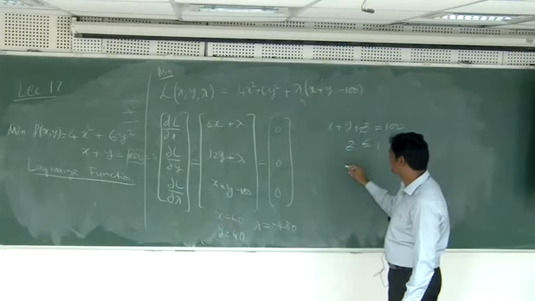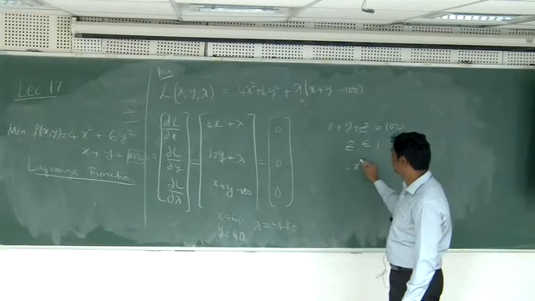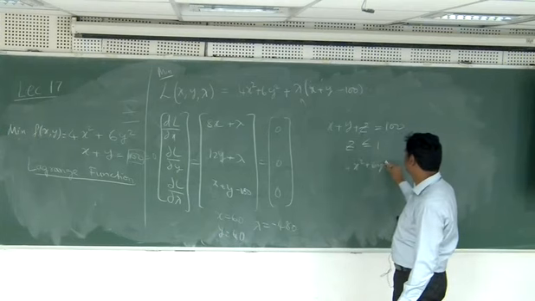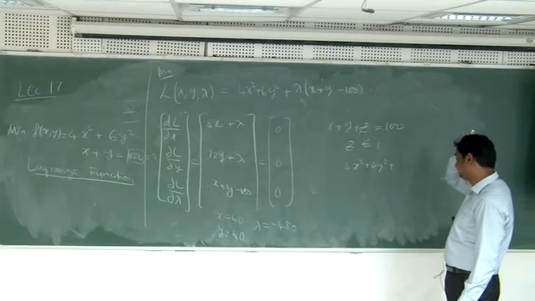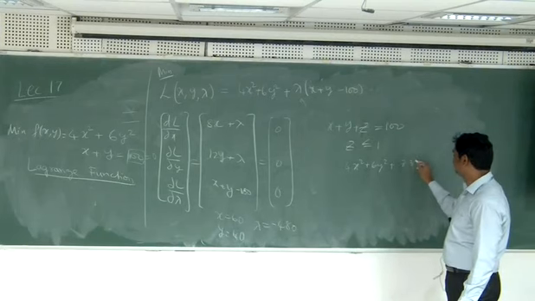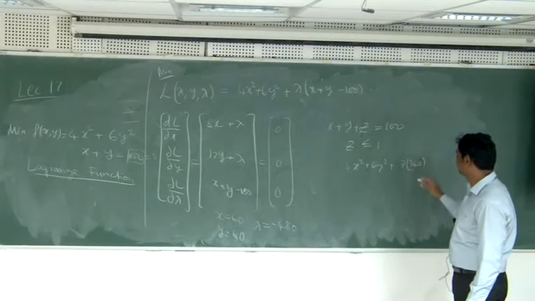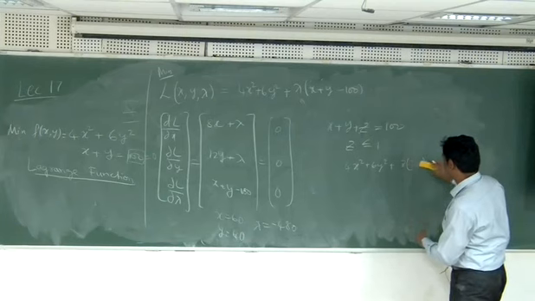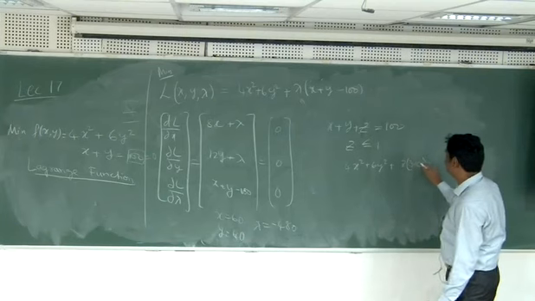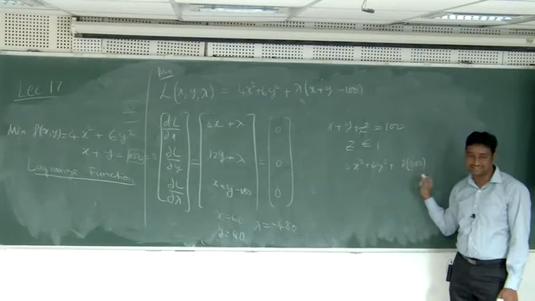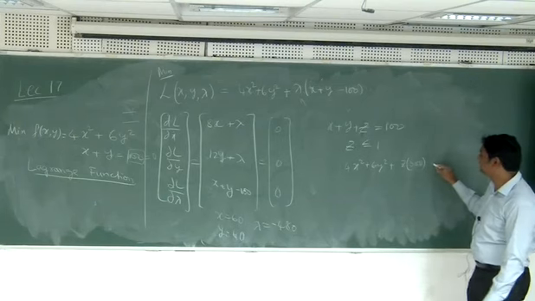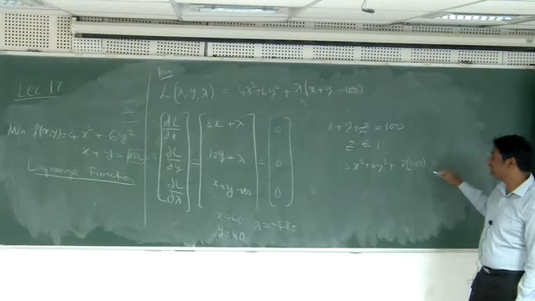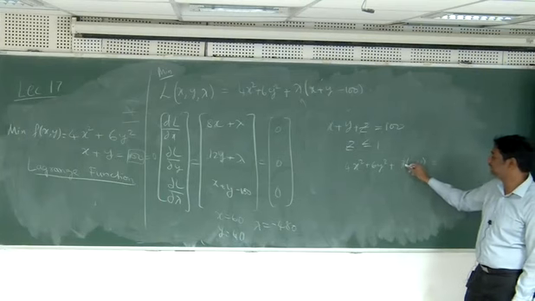And what is my cost? 4x squared plus 6y squared plus z into 300. Sorry, z into 300. So let's say the guy is charging only 300 rupees for 1 barrel. Now if you solve this entire problem, you will get that z is equal to 1.